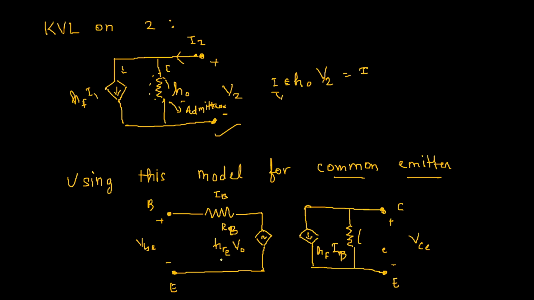Let's denote HR and HO here with the E terms, HRE and HOE. This is how your transistor actually looks from the point of view of a two-port network.